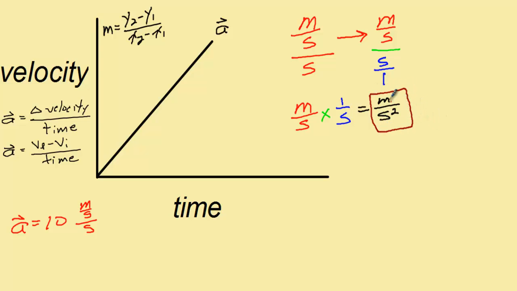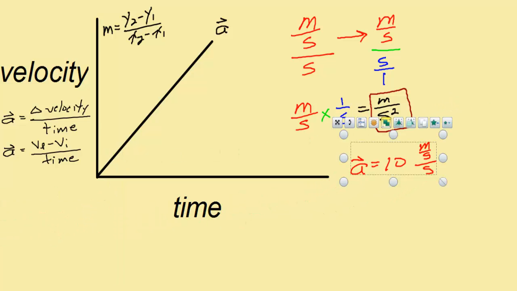Your common units of acceleration are meters per second squared. So if we look back at our example then, let's drag it back over here where we can see it a little better. That acceleration that we had earlier, 10 meters per second, is the same as 10 meters per second squared.